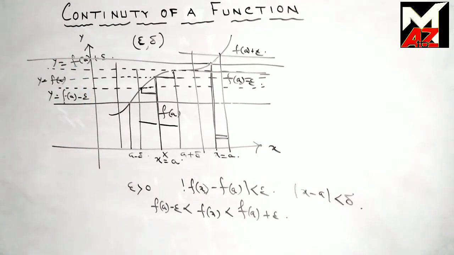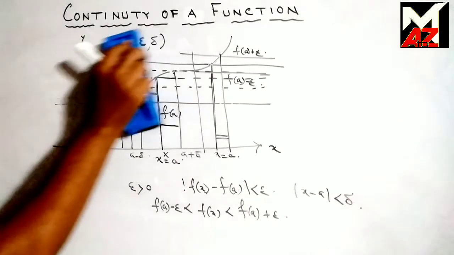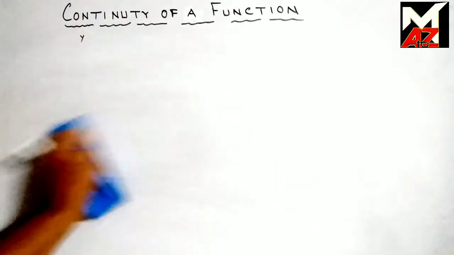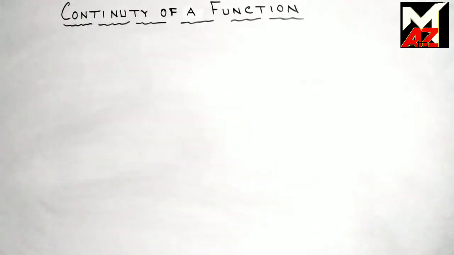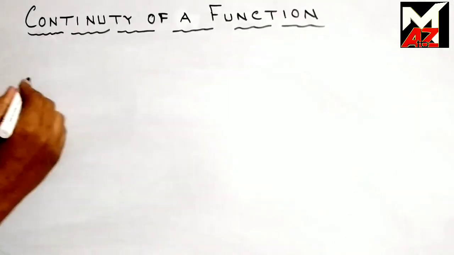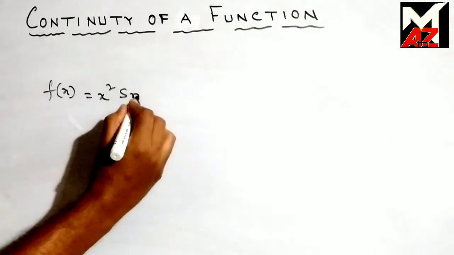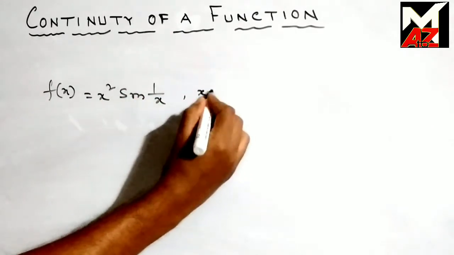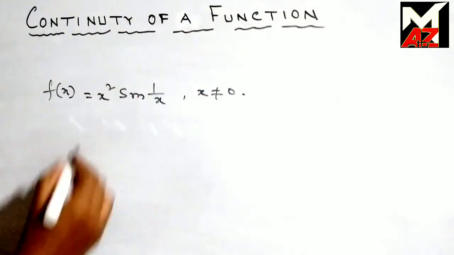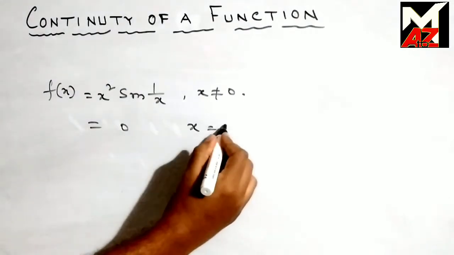Now we take an important example to show by the epsilon delta definition. Take f x as x square sine 1 by x, where x not equal to 0, and 0 for x equal to 0. It is clear that f of 0 equal to 0.